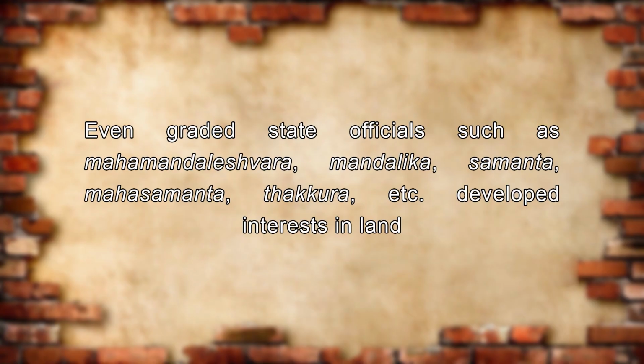Even graded state officials such as Mahamandaleshwara, Mandalika, Samanta, Mahasamanta, Thakkura, etc., developed interest in land. However, they were different from the actual tiller of the soil and lived on the surplus extracted from the peasants, who were hardly left with anything to trade.